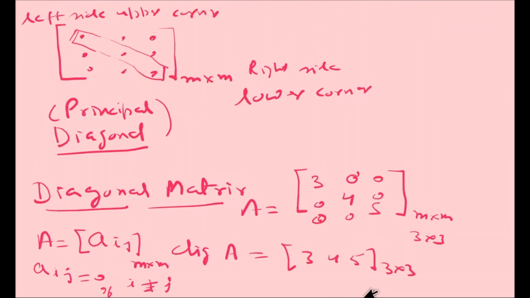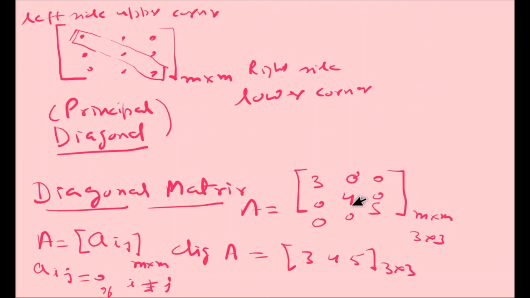Is the example clear? Okay. Now if we write this diagonal matrix this way, i not equal to j means it is A12, A13, A21, A23, A31, A32.